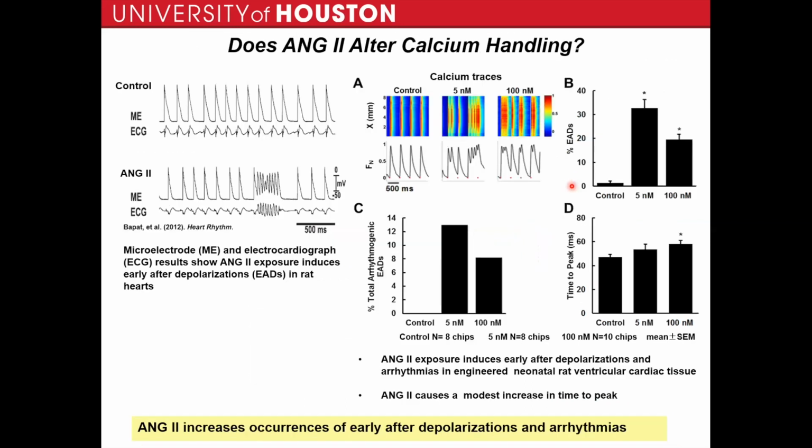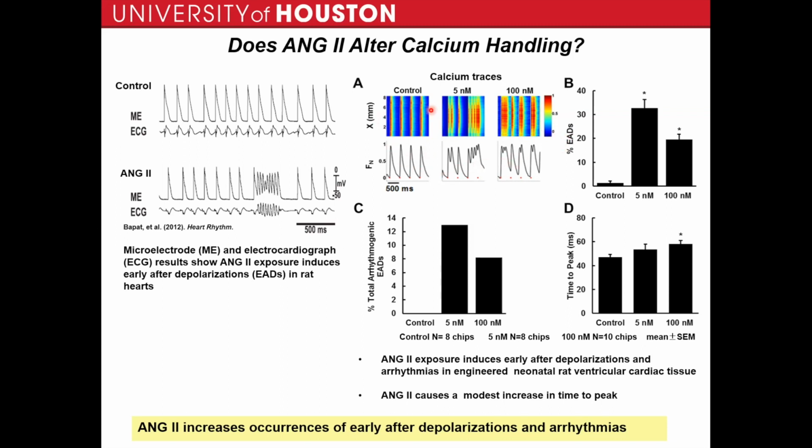But once we decided to look at function, we looked at calcium handling. Within the literature, there have been a number of studies that show that angiotensin II can lead to arrhythmic behaviors in rat models. So we treated our cells again with angiotensin II, and we used Fluo-4 as the calcium dye, and looked at the signal profiles.